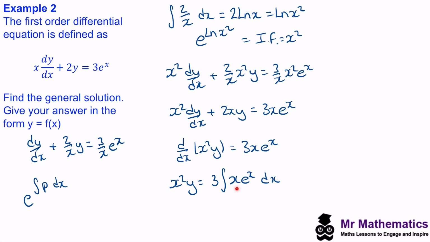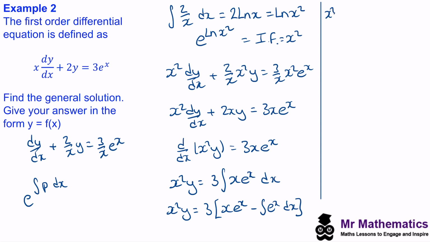And again, we can use integration by parts to integrate this. So this becomes x squared y is equal to 3 multiplied by x e to the x minus the integral of e to the x dx.